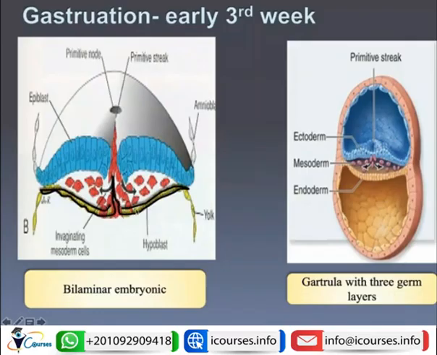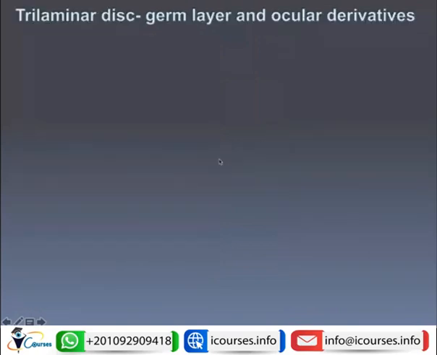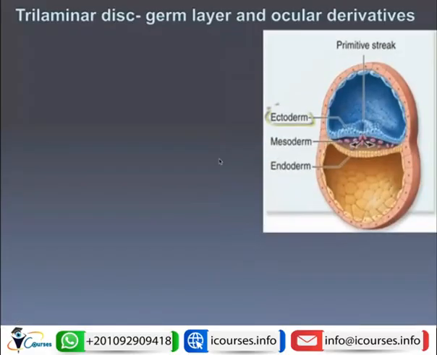So here is the hypoblast, and the cells invaginating the hypoblast will form the endoderm, while the cells between the epiblast and the hypoblast will form the mesoderm. The remaining cells of the epiblast around the primitive streak will form the ectoderm. So we now have the trilaminar germ cell layer that will develop different ocular structures.